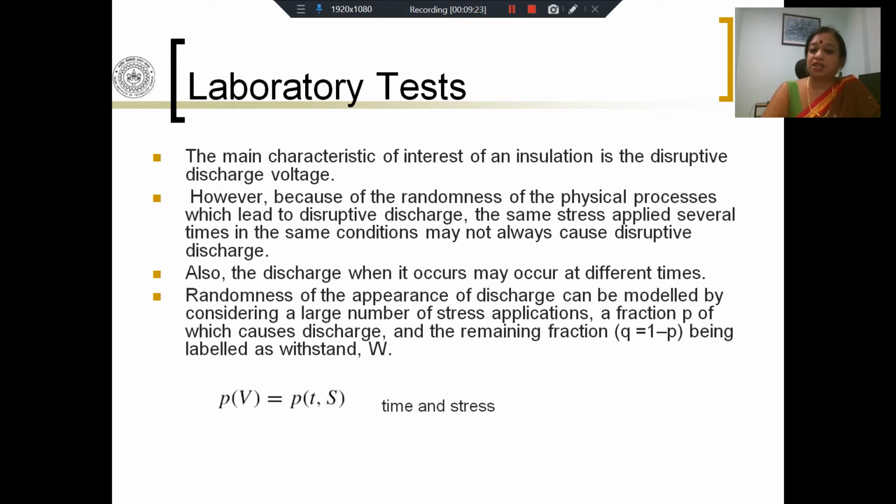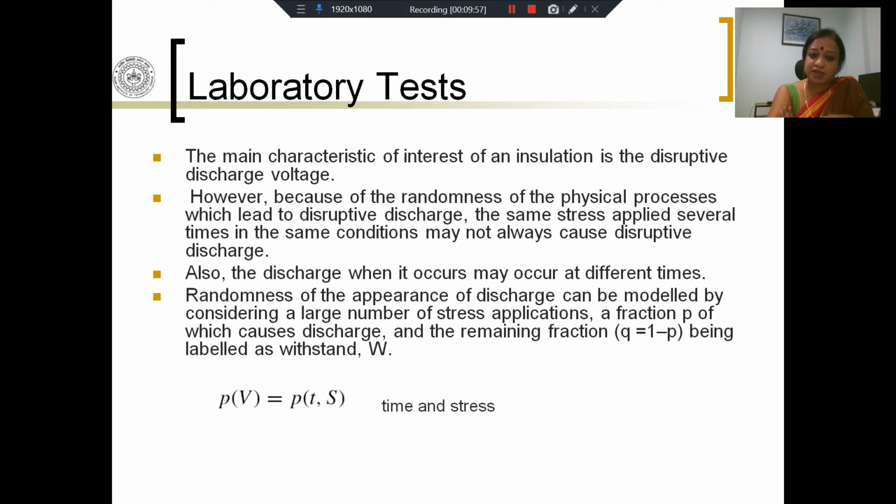We know that the physical processes which lead to breakdown of material can be very random, and therefore the same stress applied for different times or different stresses applied for the same time may not always cause disruption, and therefore we cannot understand or analyze breakdown voltage, breakdown stress, breakdown tests with a particular value of the voltage. We have to consider the randomness of the physical process.